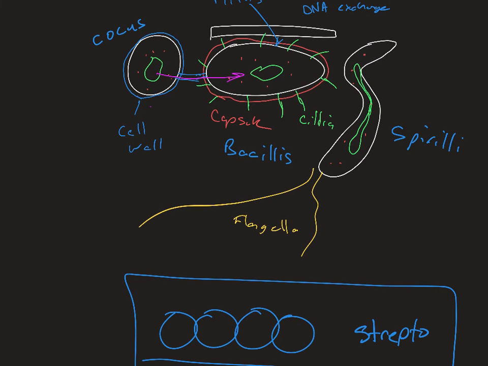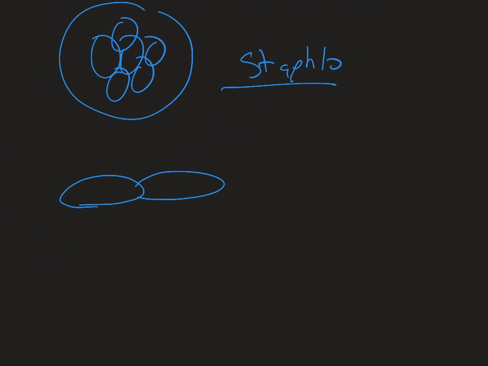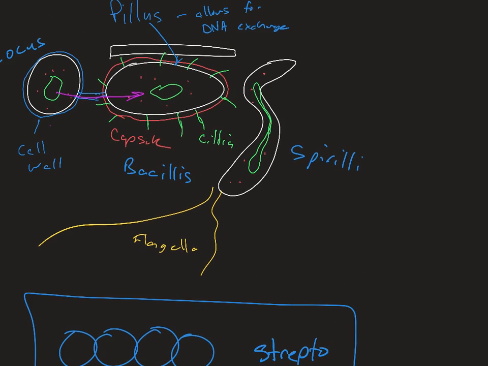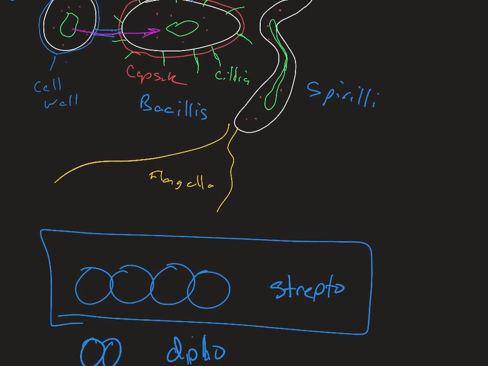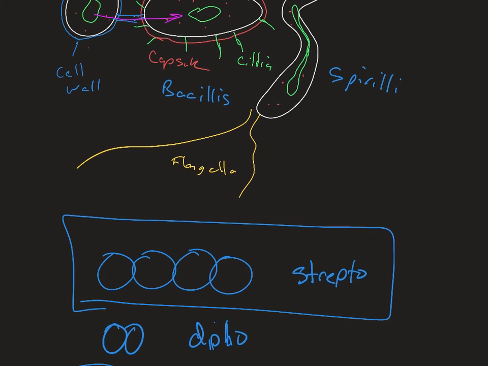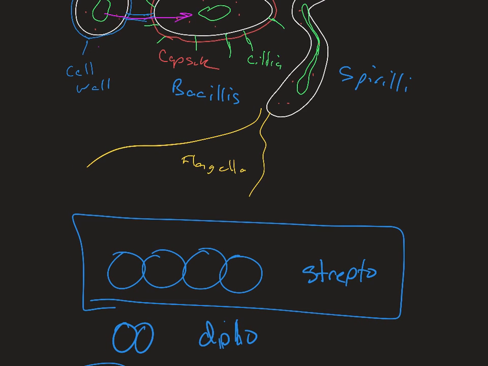Right on. How about this? Hold on. I'm not a great artist, but are you getting what I'm doing here? Yeah. What's that? Staphylospirilli. So the names of bacteria come from how they grow. Everybody with me on that?